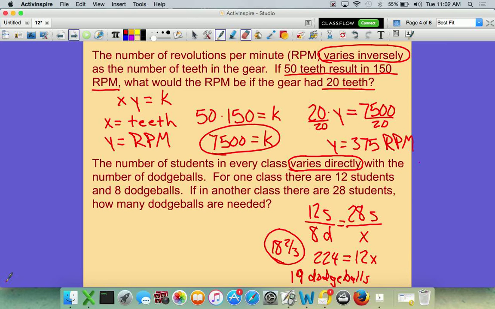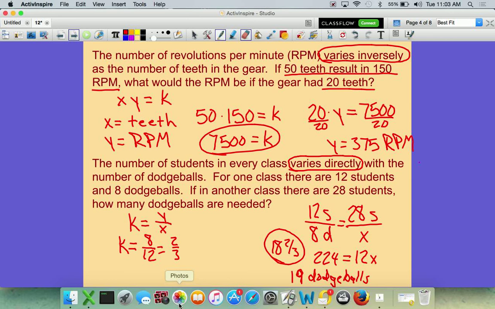All right, the other way to do it, remember that k would always equal y over x. And for this, I'm going to say, well, I'm going to have my y as dodgeballs and my x as students. So then k would equal dodgeballs over students. Simplify that down, that's 2/3. So k equals 2/3.